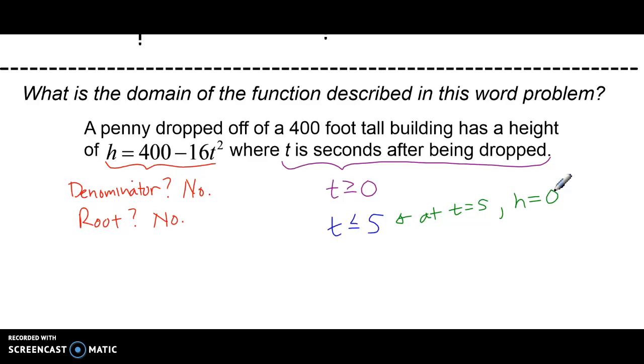When the height is 0, that means the penny hits the ground. And the equation is going to stop working at that point. So the domain for this function, the domain here is from 0 to 5. In interval notation, that would look like this.